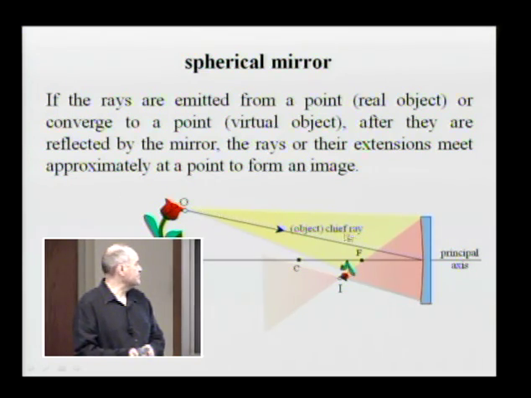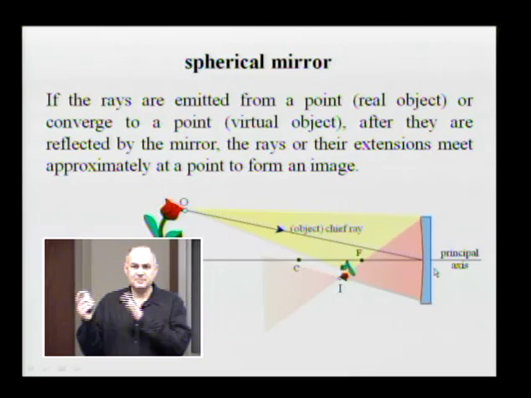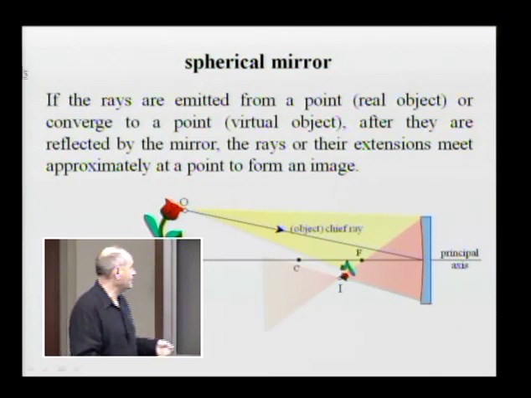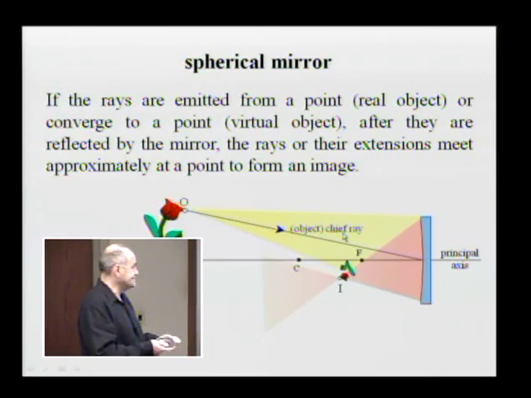Object chief ray is the ray which is coming out from the object and hits the mirror. All the rays between the object and the mirror, coming out from the object and hitting the mirror, I want you to add the word object in front of it. So here I have the object chief ray.